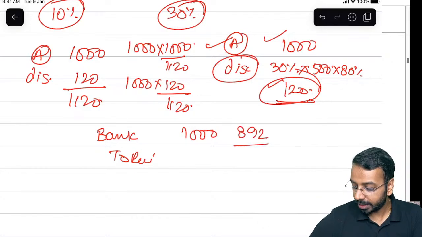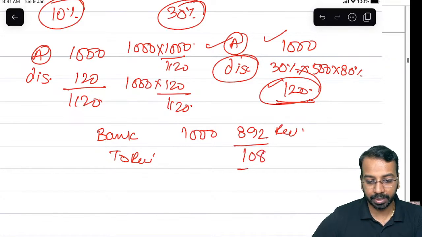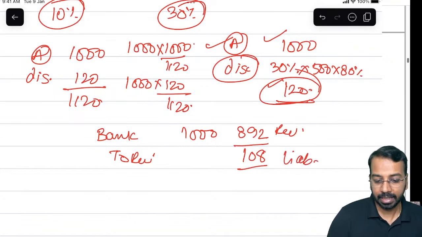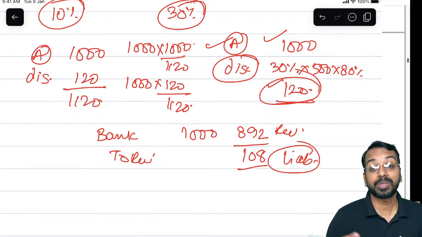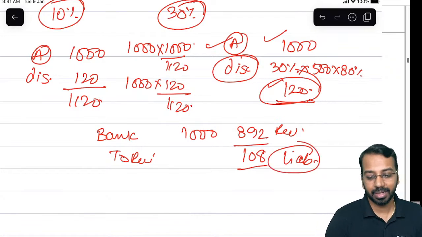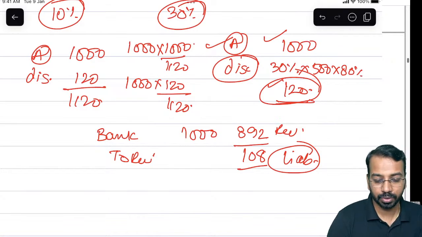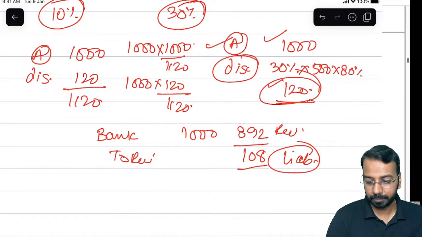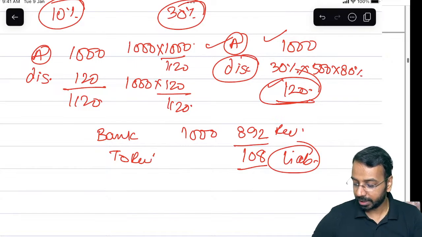So 892 will be revenue, and the balance amount 108 will be a liability. Now this liability of 108 will be recognized as revenue subsequently when the customer purchases the item, or when the discount voucher expires. So that is how we handle the aspects related to material right.